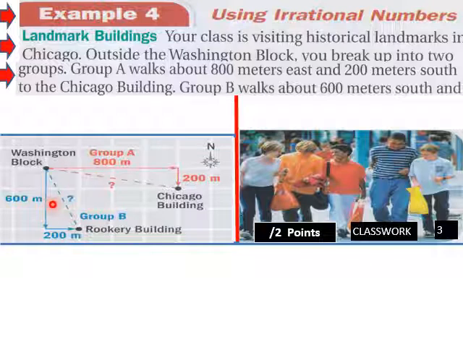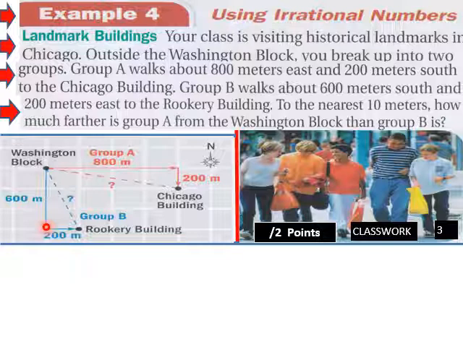Group B, which is over here, walks 600 meters south, and 200 meters east over here to the Rookery building. To the nearest 10 meters, how much farther is Group A from the Washington block than Group B?